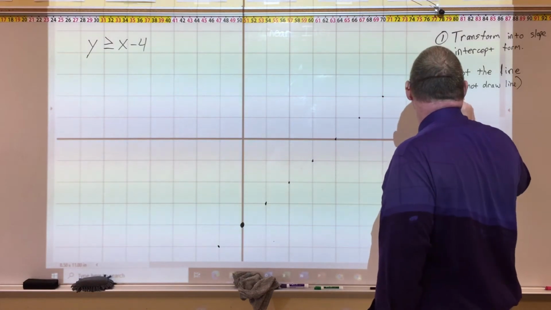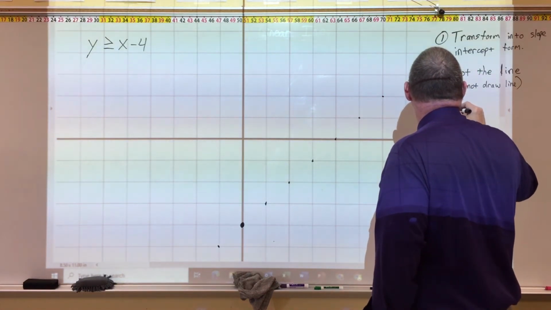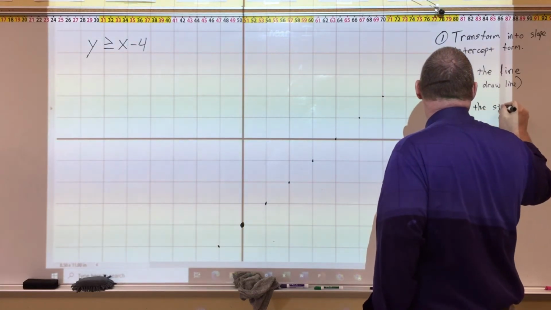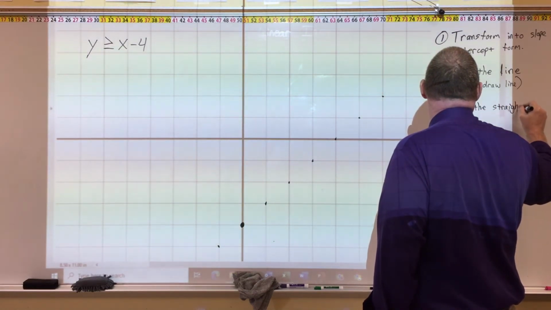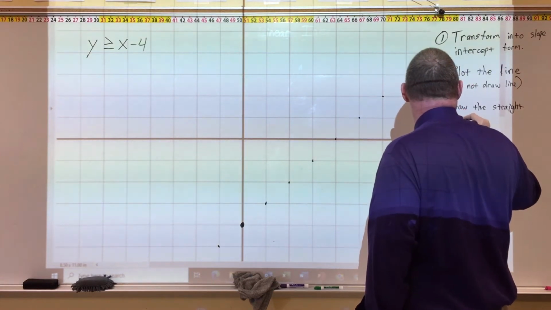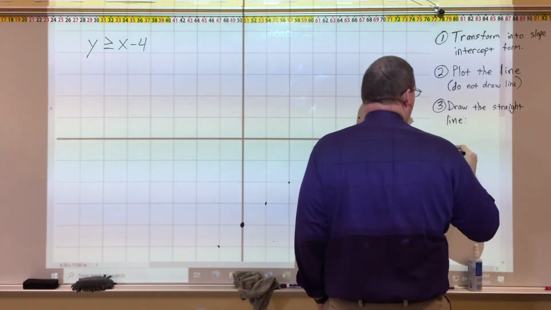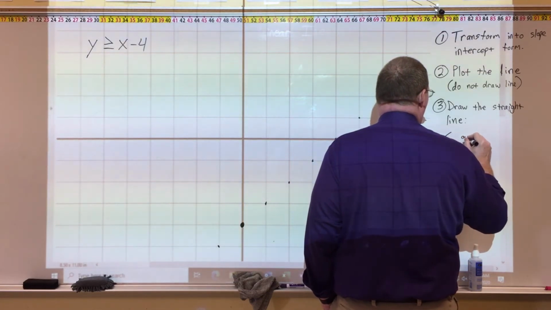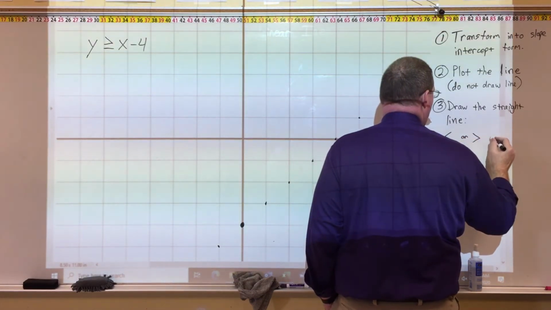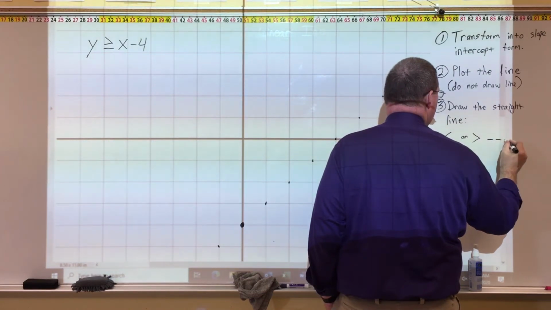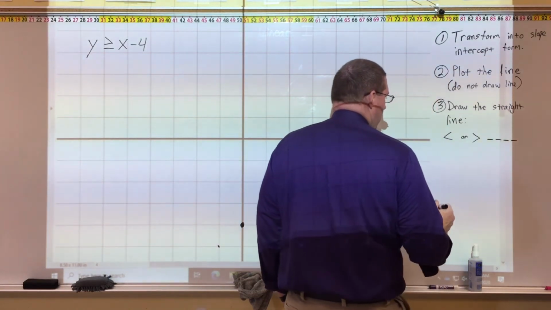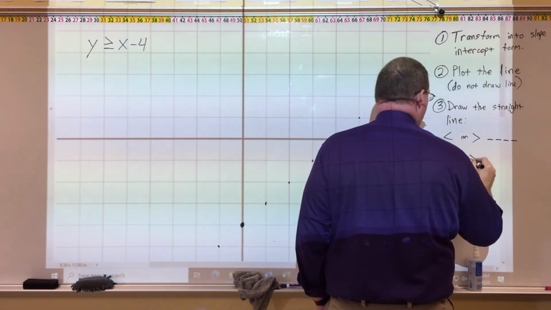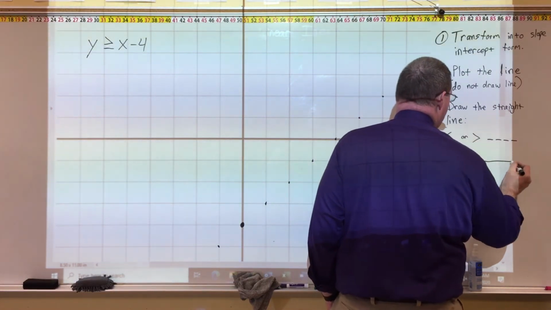All right, then step 3 is draw the straight line. Now, if it is a less than or a greater than symbol, then you want to do a dashed line. But if it's a less than or equal to, or a greater than or equal to, then you want to do a solid line.